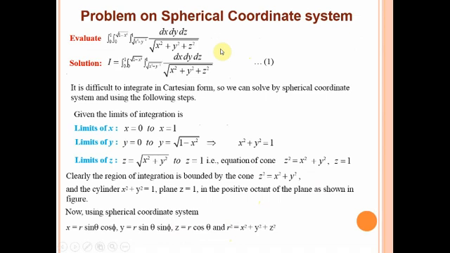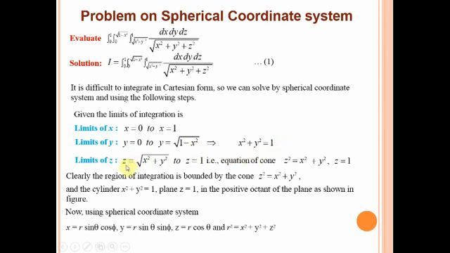Let us go for one example in the spherical coordinate system, a very small numerical: integral 0 to 1, integral 0 to square root of 1 minus x square, and integral square root of x square plus y square to 1, dx dy dz divided by the square root of x square plus y square plus z square. So the limits for x are 0 to 1, for y are 0 to square root of 1 minus x square, so that x square plus y square is equal to 1.